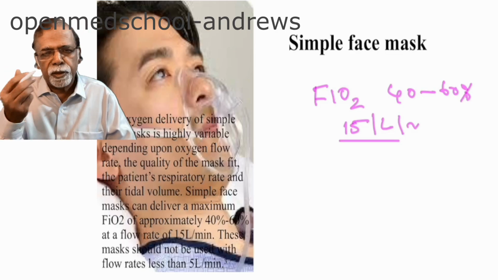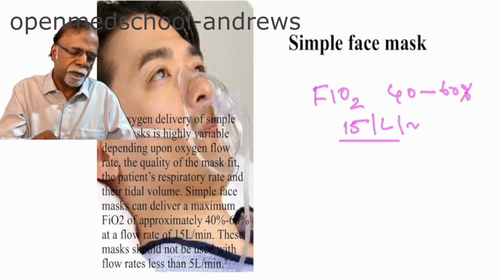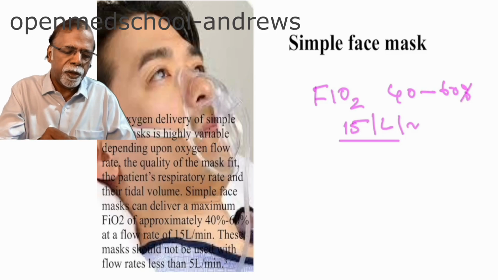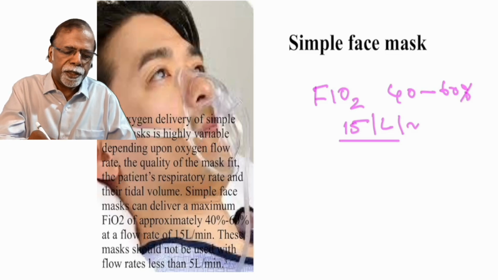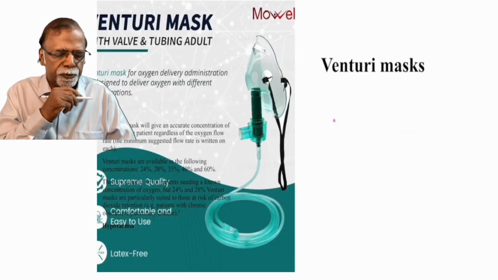Again, remember that depends upon the patient's type of breathing, fitness of the mask, etc. This may change. Then comes the reservoir mask, or otherwise called the non-rebreather mask. You can give up to 60 to 90% of FiO₂ using this.